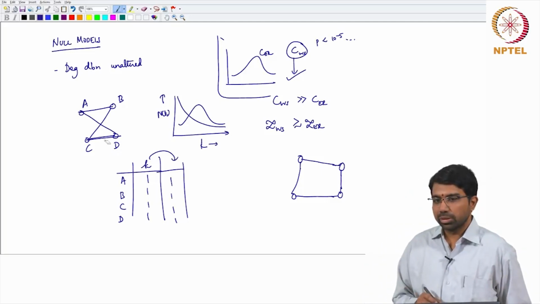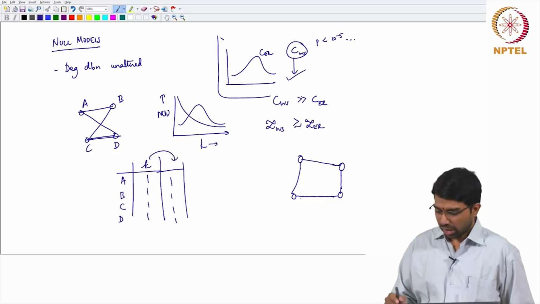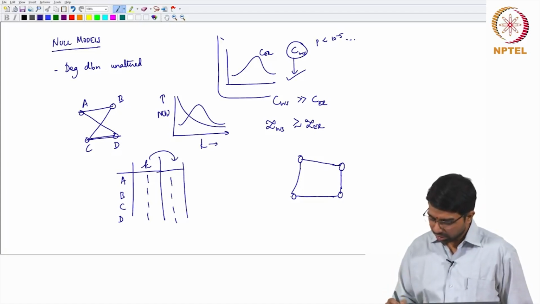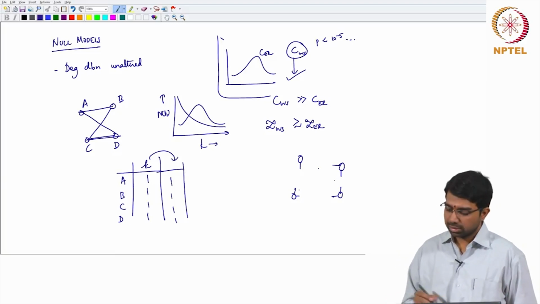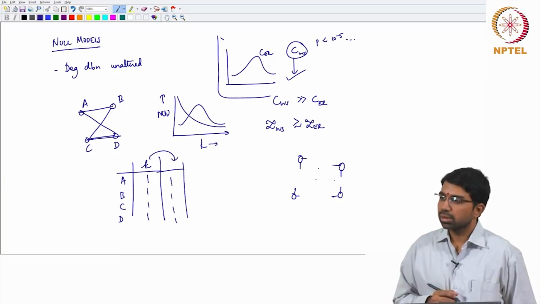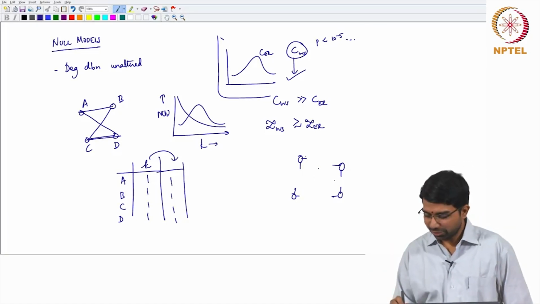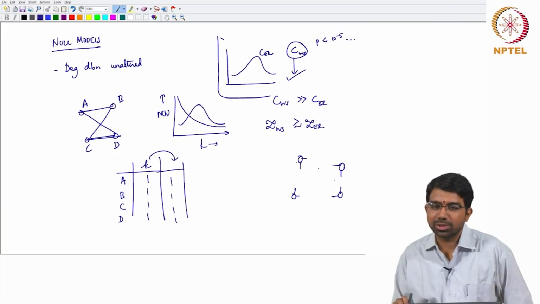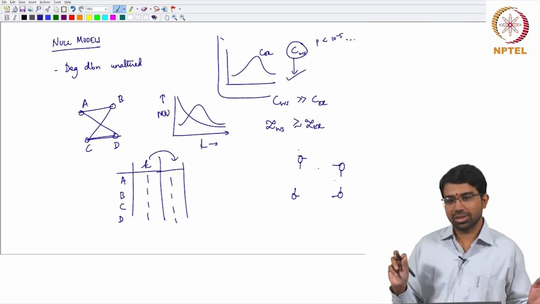One other way to go about it is, think of these as threads and beads. Now, you just cut the edges here, leaving behind stubs, and now you tie any two threads together. What does the number of stubs tell you? Degree. So, you are not changing it.